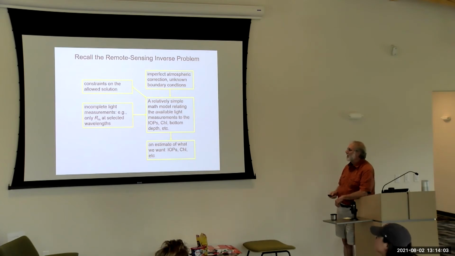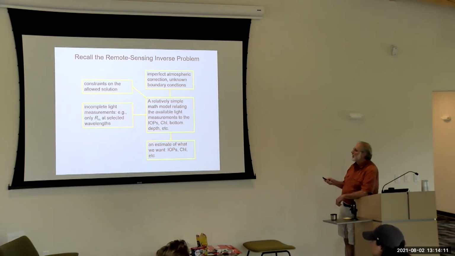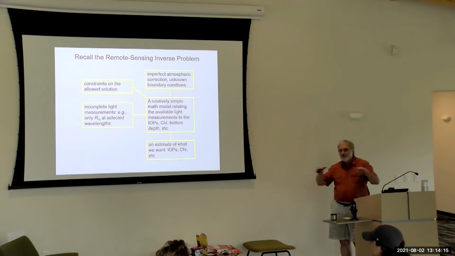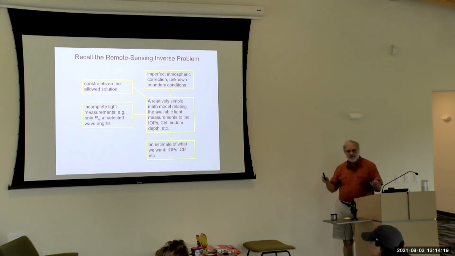You just have this. So you may not know, this may or may not be a really good spectrum because you have imperfect atmospheric corrections. Maybe there's things like the waves on the sea surface, you don't know what those were. Well, hopefully they don't have a big effect, but at least you don't know what they were.